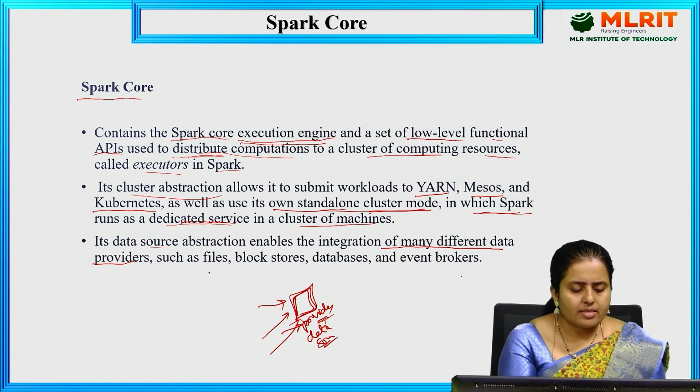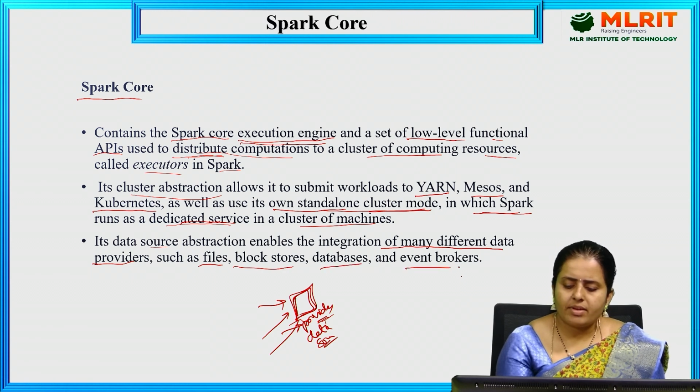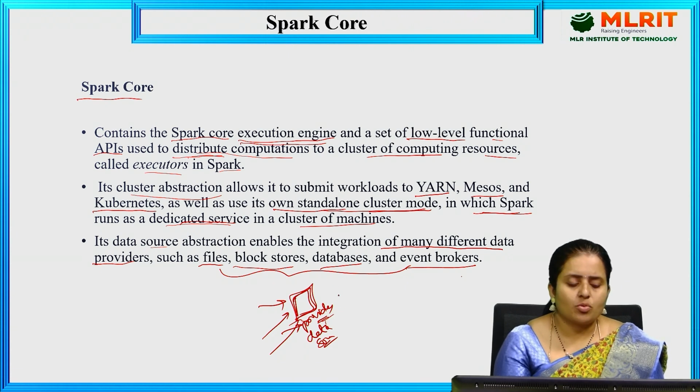Let us take examples such as files, block stores, databases, and event brokers. These kinds of storage devices work on the basis of data storage by service providers. All these file systems are available at the first stage of data collection, which is nothing but the data source.